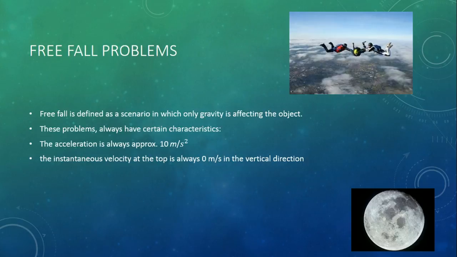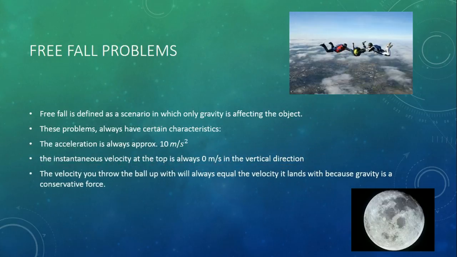Because it was moving up and then it comes back to your hand moving down, it had to pass through 0 somewhere, and 0 is where it's at the top of its trajectory. You can even see it when you throw up an object. It always stops at the top of the trajectory.